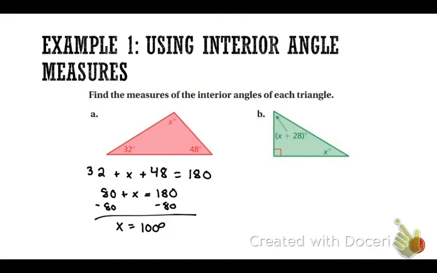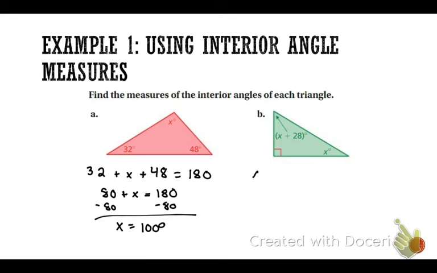All right, what do you guys notice that's different about B? There are two variables. There's also an expression that's part of that angle measure. What does that red box mean? It means 90.